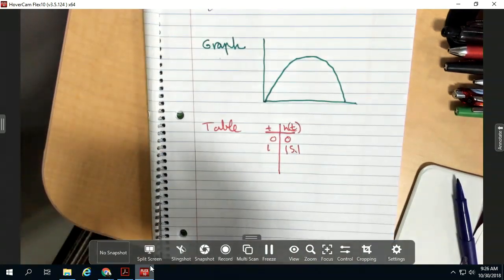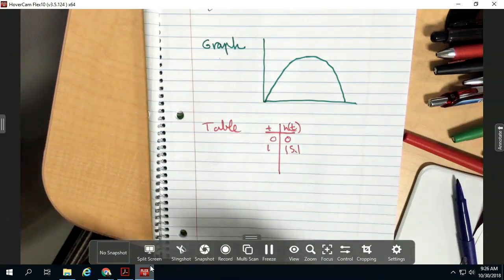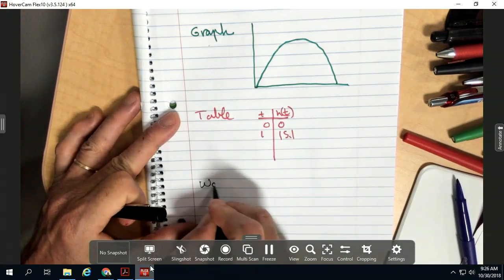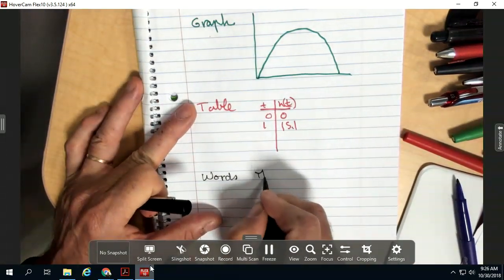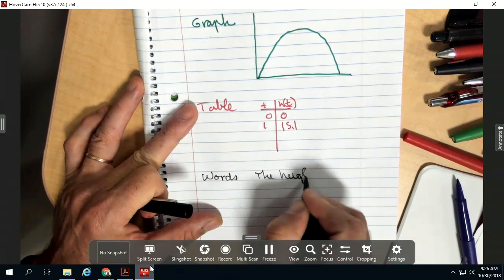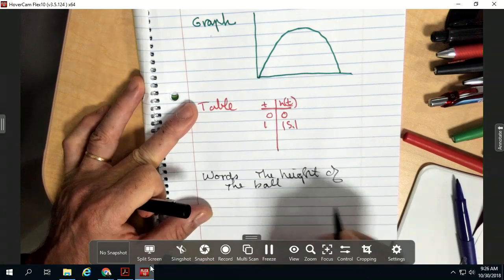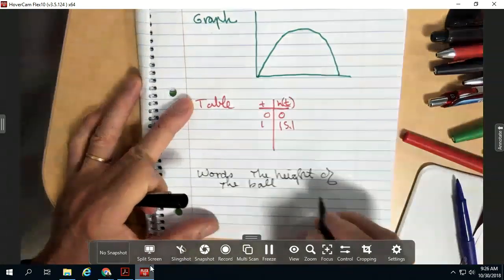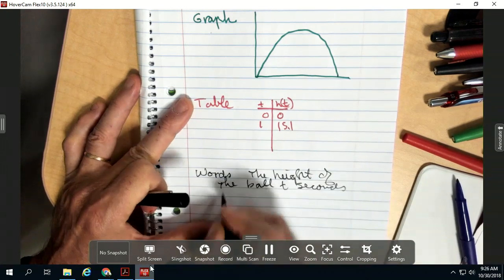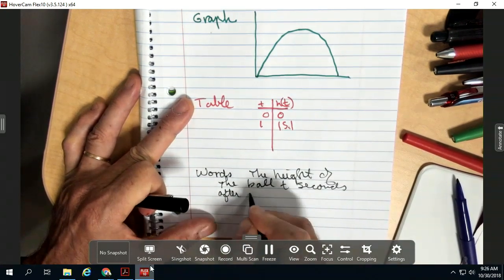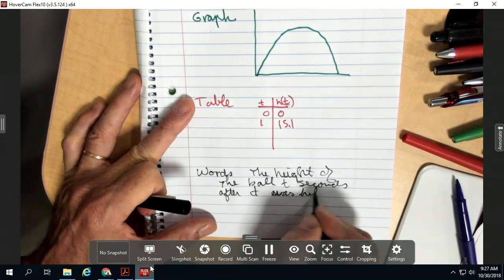And the fourth representation is words. And they say the height of the ball, t seconds after it was hit.